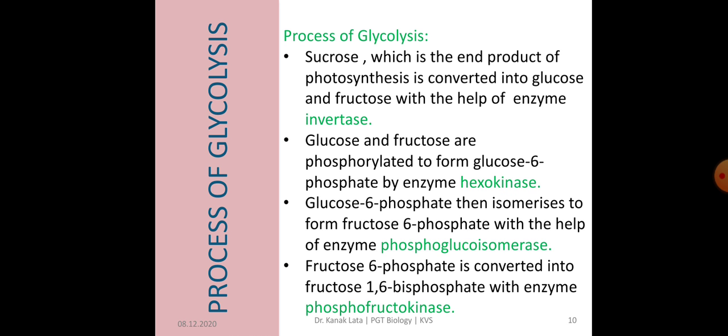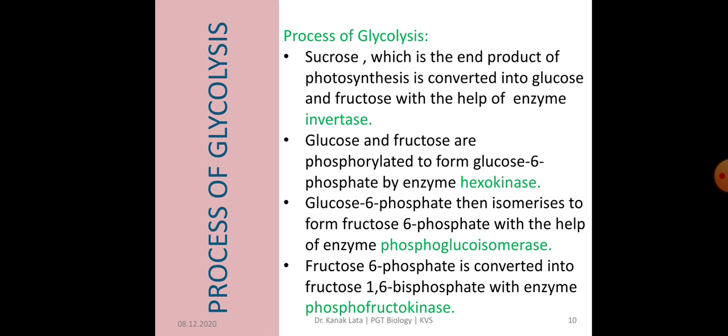So this must be converted into glucose and fructose for further reactions. Then in the second step, glucose and fructose are phosphorylated into glucose 6-phosphate by enzyme hexokinase. This phosphorylation is done by combining with ATP.